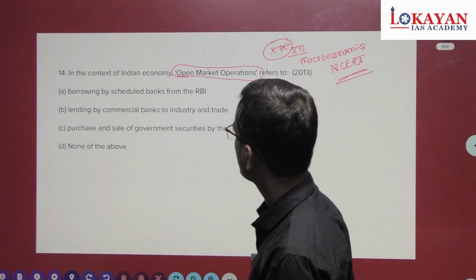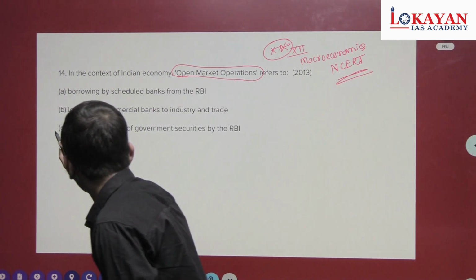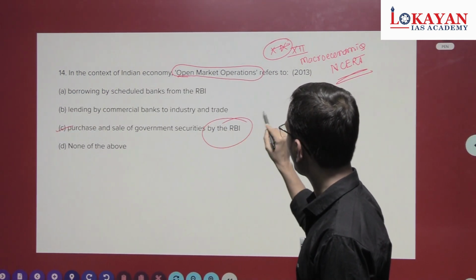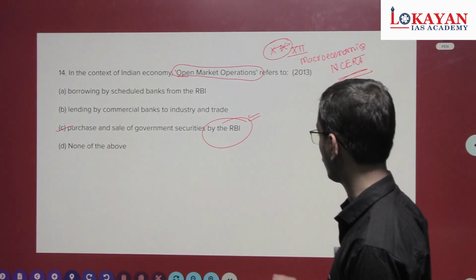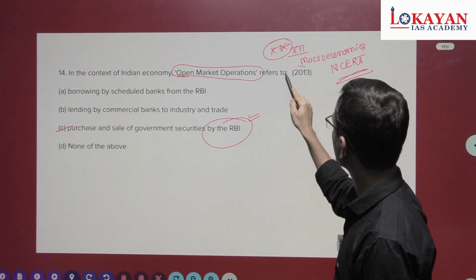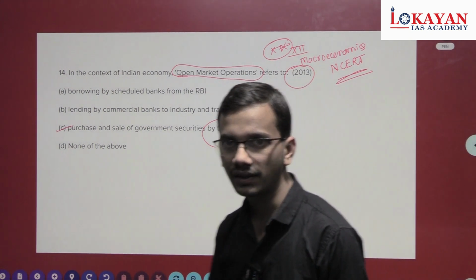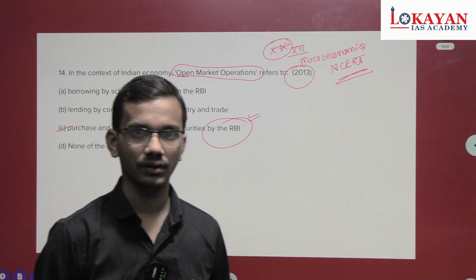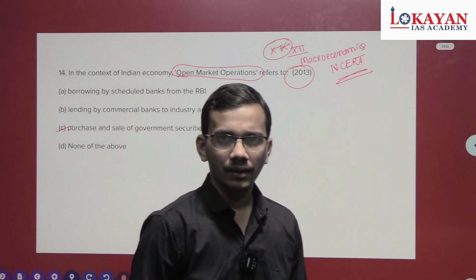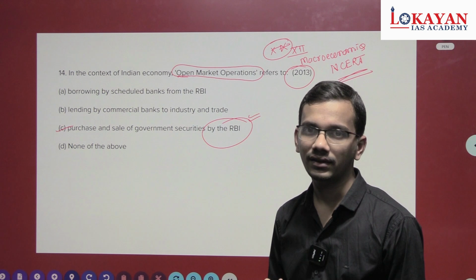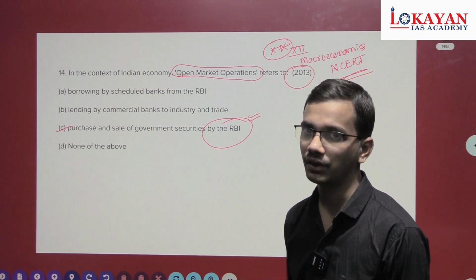Correct answer is purchase and sale of government securities by RBI. This is the correct option. Question was asked in 2013. Now UPSC generally doesn't ask such a simple question. Yes, it does ask, but on previously asked topics, it doesn't ask such simple questions.